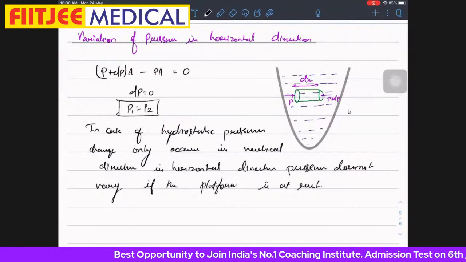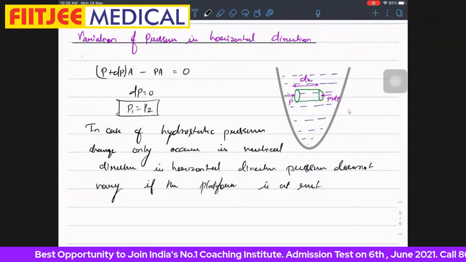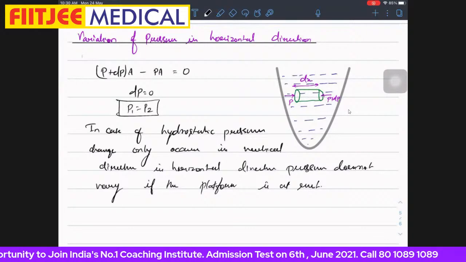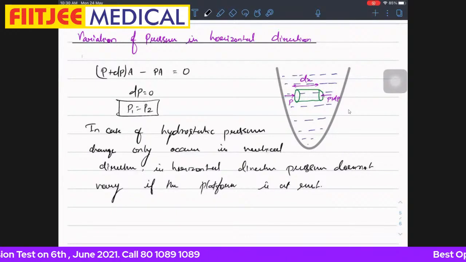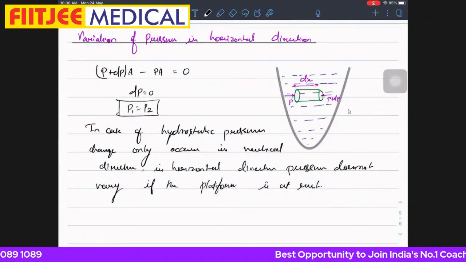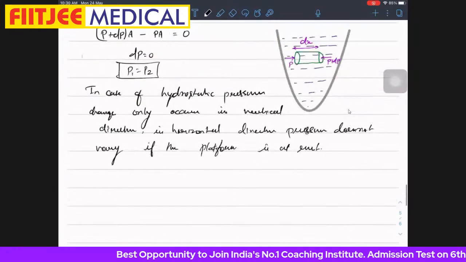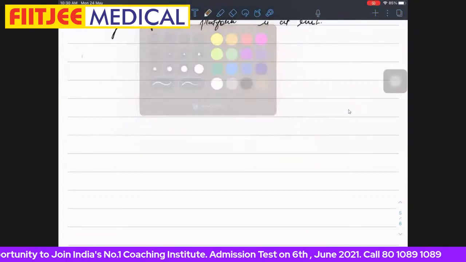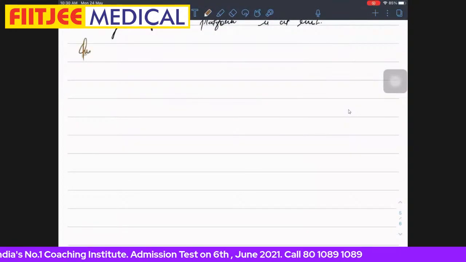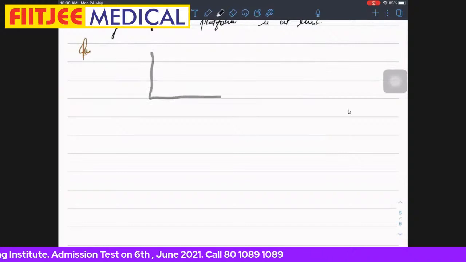I'll discuss what will happen if the platform is accelerating. But here what we can say, in case of hydrostatic, pressure change occurs only in vertical direction. In horizontal direction, what happens? Pressure does not vary if the platform is at rest. So if we take an example, by example, if you understand, suppose we have given a container.